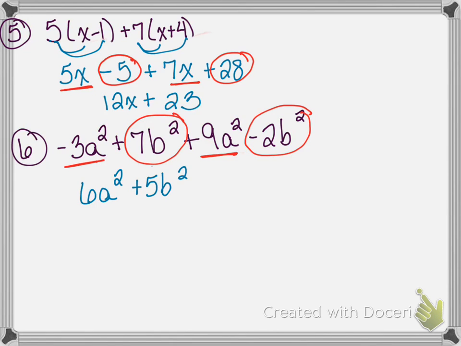Now, this is what several students thought I was saying. Several students thought I was saying negative 3a squared plus 7b squared and on. Okay? What is the difference between my red negative 3a squared and my purple, which is part of the original problem, negative 3a squared? What's the difference there? Good.